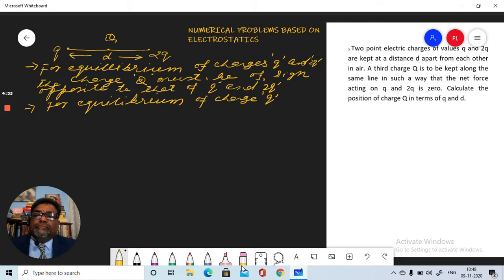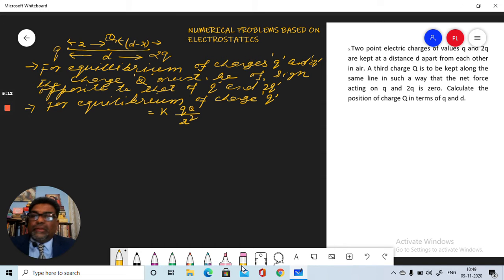This force should equal k Qq upon x square, if this distance is taken as x. This is x. Then of course this distance will become d minus x.